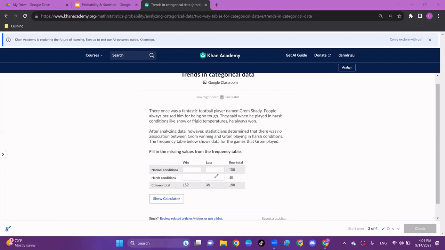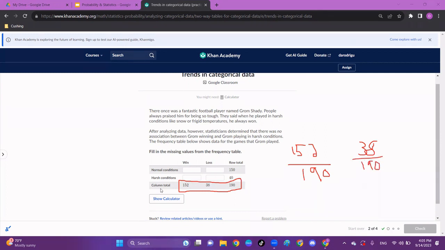So all of these boxes are empty here. What I'm actually going to do is look at Brady's overall win percentage. And this does look like Tom Brady because he's winning a lot more than he's losing. So overall, Brady is winning 152 out of 190 games. Good job, Tom Brady. And then he's losing 38 out of 190.